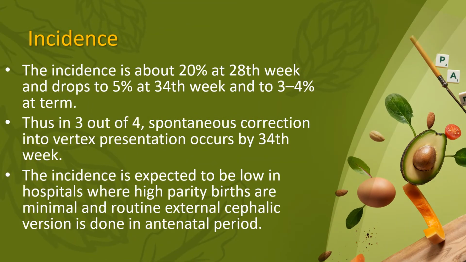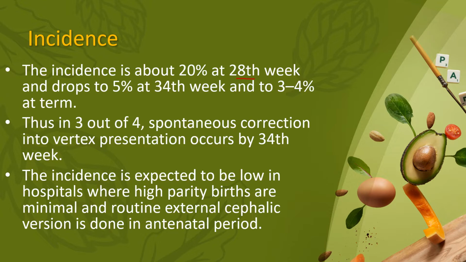Next, we can move on to the incidence rate. The incidence is higher if the mother is at 28 weeks of gestation: 20% at 28 weeks, it drops to 5% at 34 weeks, and 3 to 4% at term.